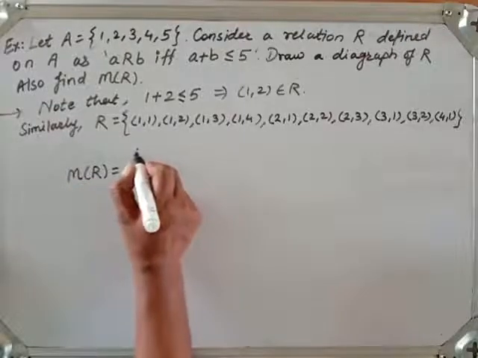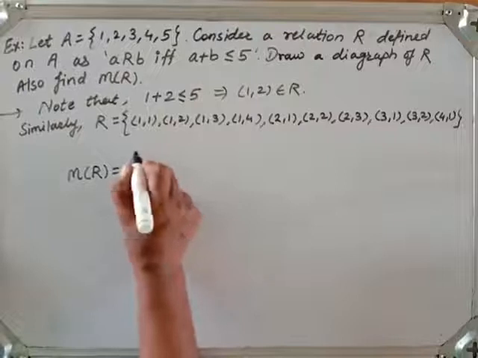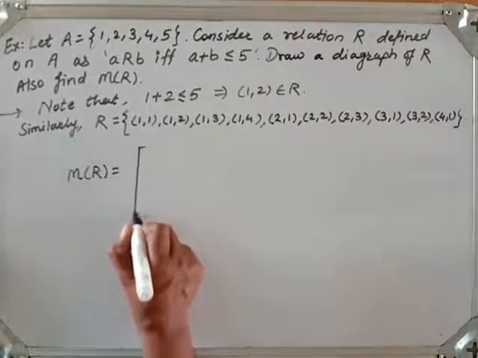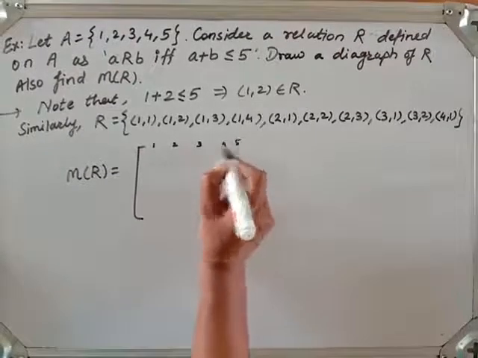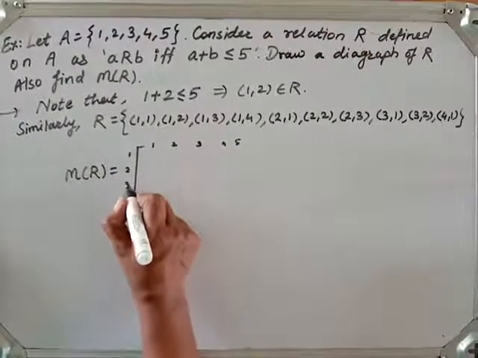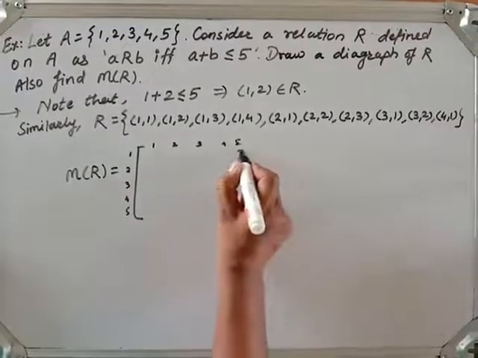So the matrix for R will be, as I already taught you, we write 1, 2, 3, 4, 5 here, and here also 1, 2, 3, 4 and 5. Fine.